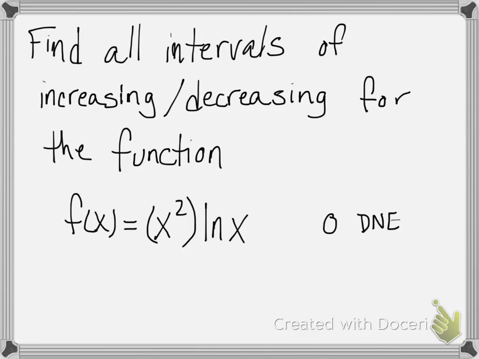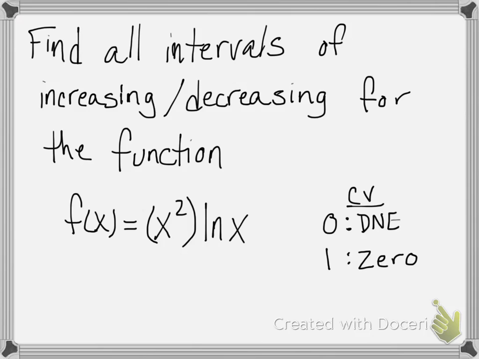But that's okay. That just tells us that 0 can be a critical value, and also that if we plug in 1, it is actually a 0. Even though 1 squared is 1, the ln of 1 is 0, so we have 0 times 1, which gives us a 0. Alright, so we know that those values are going to be critical values.